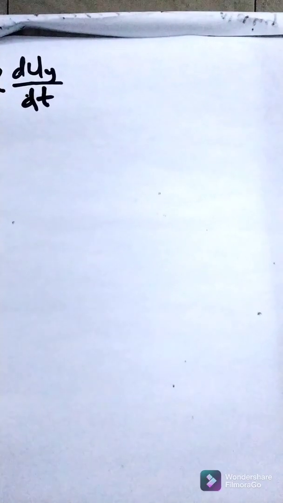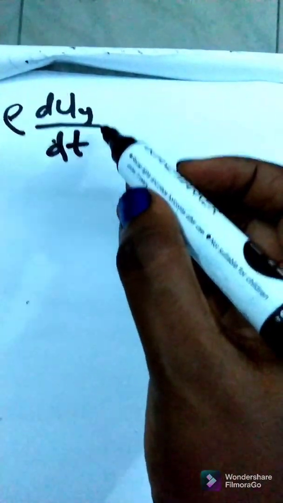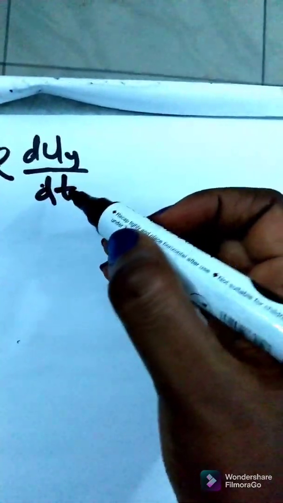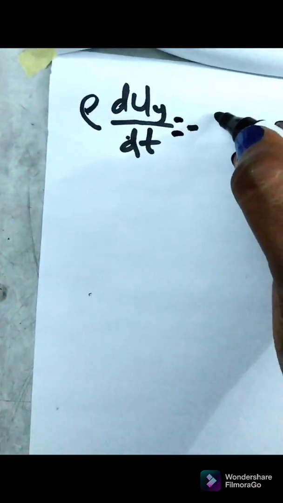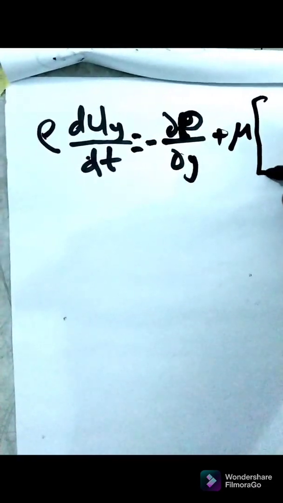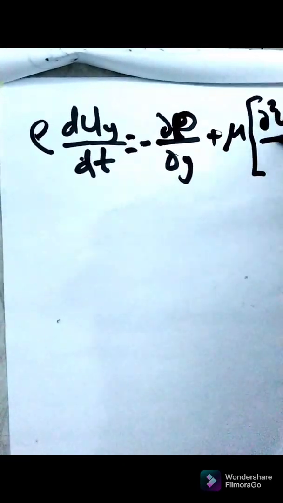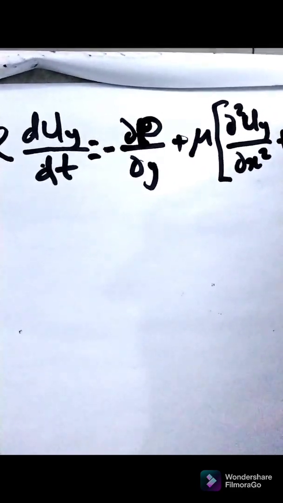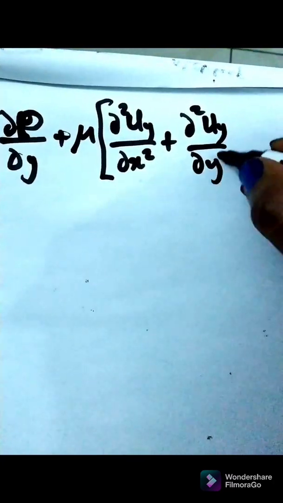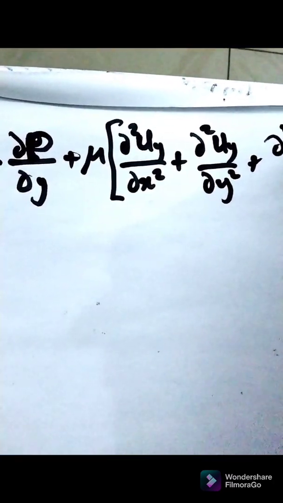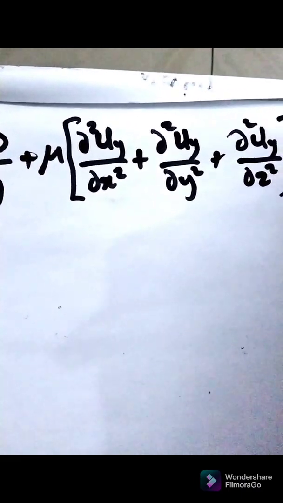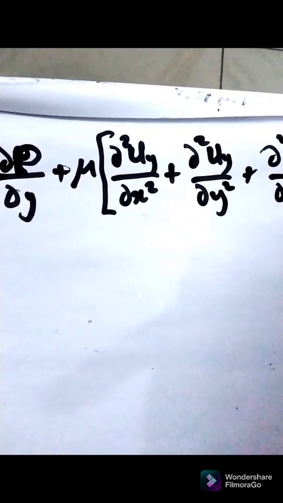So the Navier-Stokes equation in the y direction is given by rho times the derivative of uy with respect to t equals minus partial p over partial y plus mu times the sum of partial square uy over partial x square, plus partial square uy over partial y square, plus partial square uy over partial z square, plus rho f in the y direction.